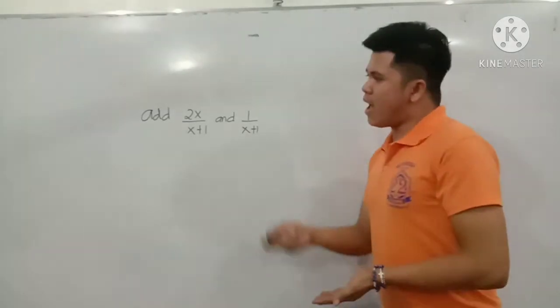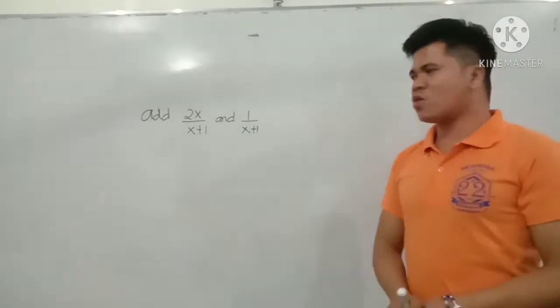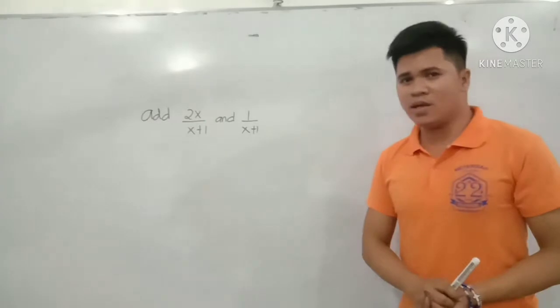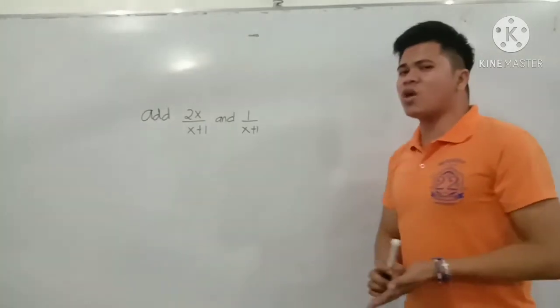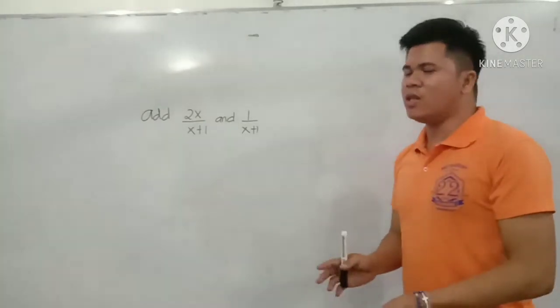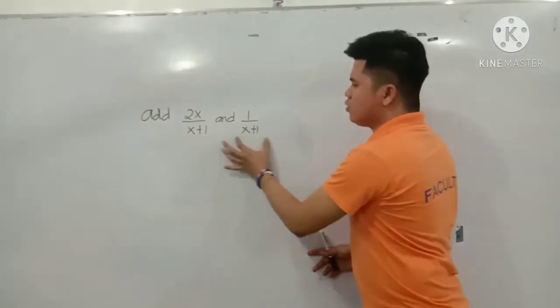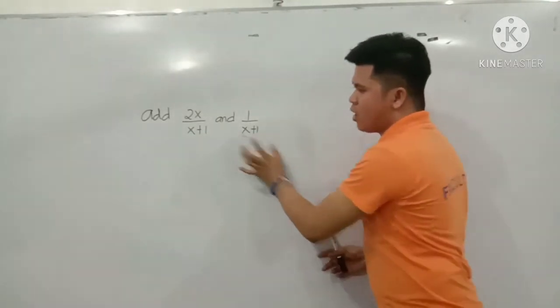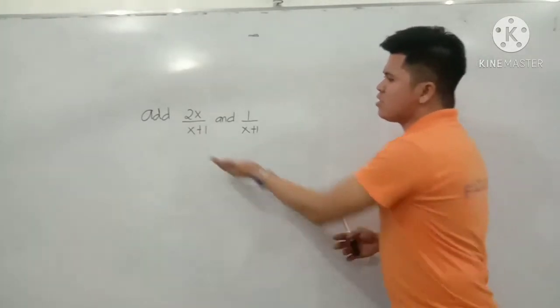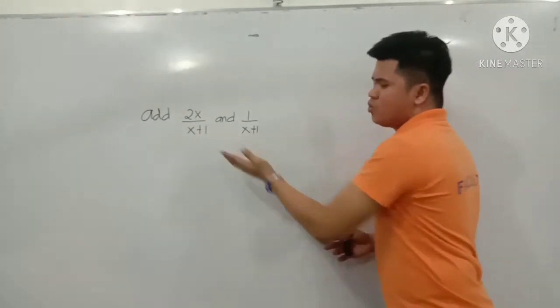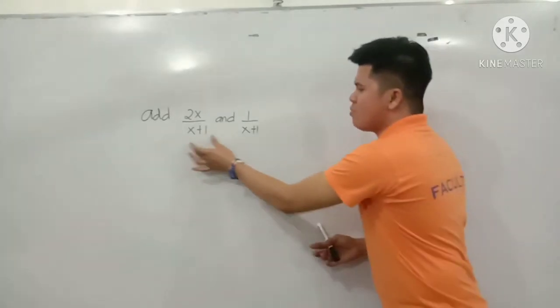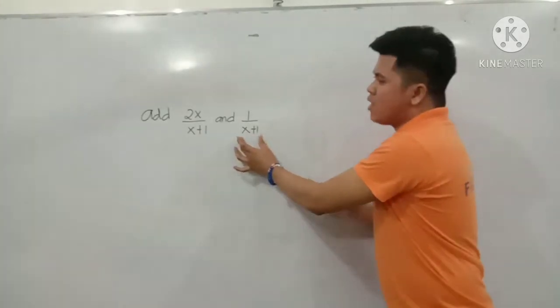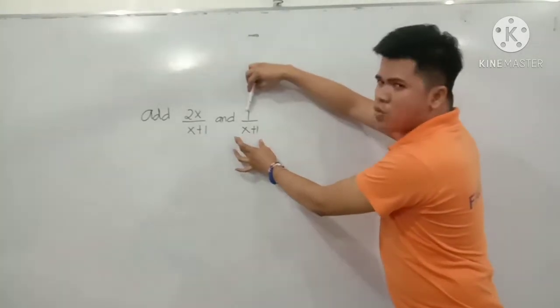Let's say we have to add 2x over x plus 1 and 1 over x plus 1. From the given expression, the denominators of these two expressions are both the same. They are both x plus 1. So again, in adding these expressions, we simply copy the common denominator x plus 1 and then we add 2x plus 1.